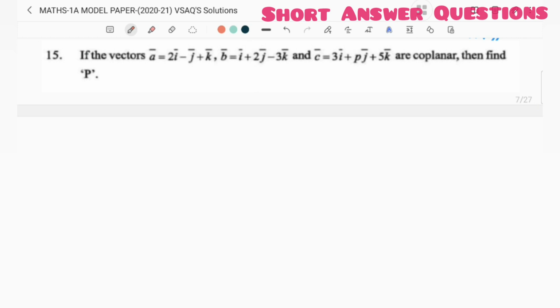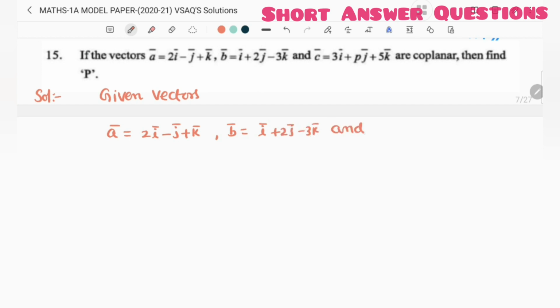So in the solution step, first, given vectors a bar equal to 2i minus j plus k, b bar equal to i plus 2j minus 3k, and c bar equal to 3i plus pj plus 5k.